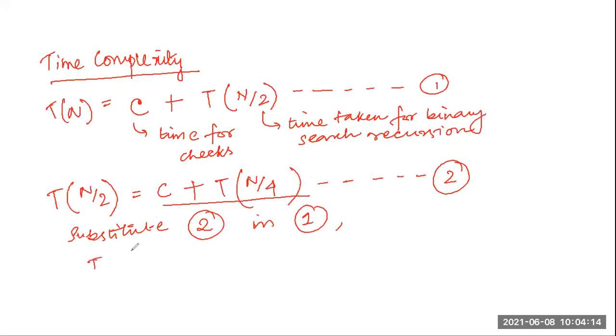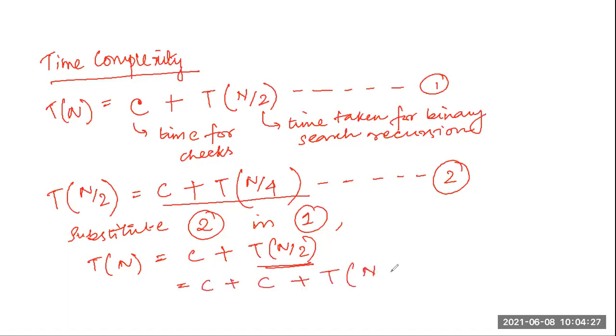So my T of n will be C plus T of n by 2, whereas here I will substitute C plus T of n by 4, right? That means T of n by 4 plus 2C. Okay. So this is suppose my equation number 3. Up to this, is it clear?